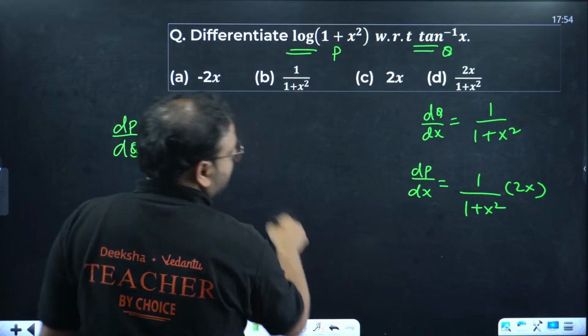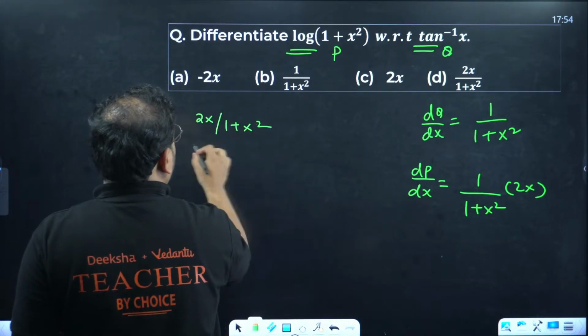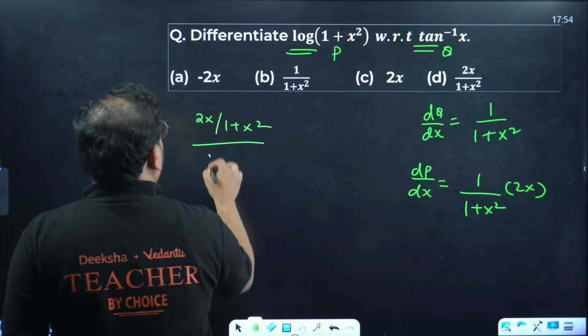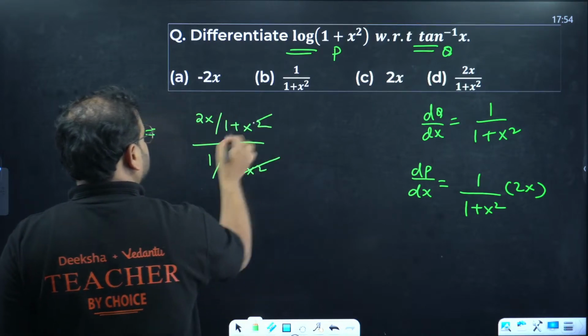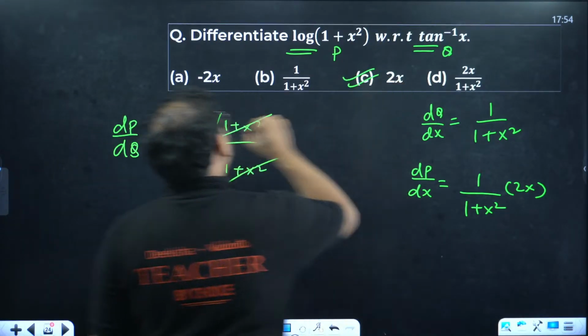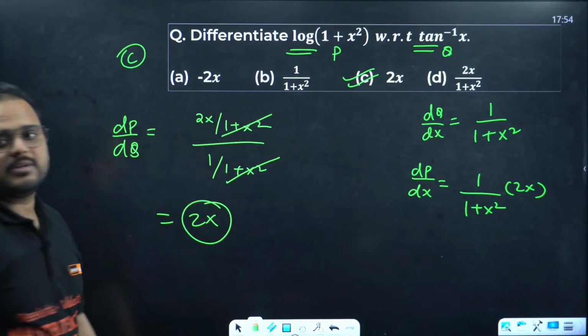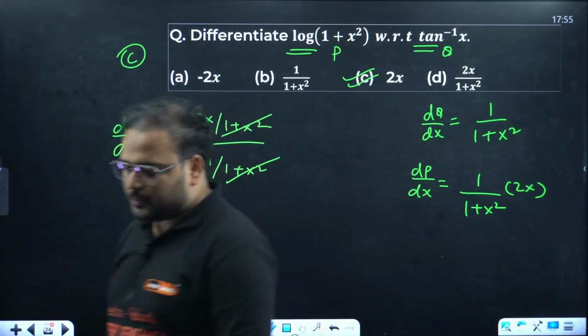That's the ratio. We have 2x upon 1 plus x square, upon 1 upon 1 plus x square. Check. This is cancelled. My answer is coming as just 2x, and that's option C.